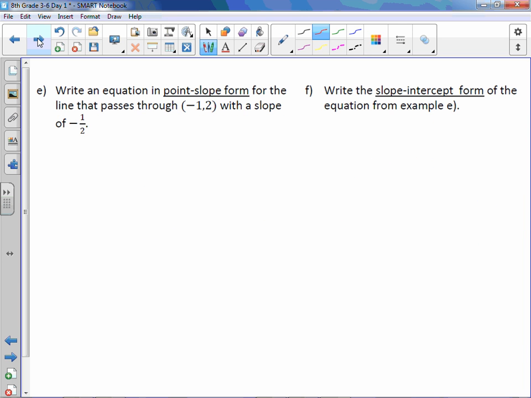Letter E. Write an equation in point-slope form for the line that passes through (negative 1, 2) with a slope of negative 1/2. Here's our slope. Here's our x1, y1. Our point-slope formula is y minus y1 equals m times x minus x1.